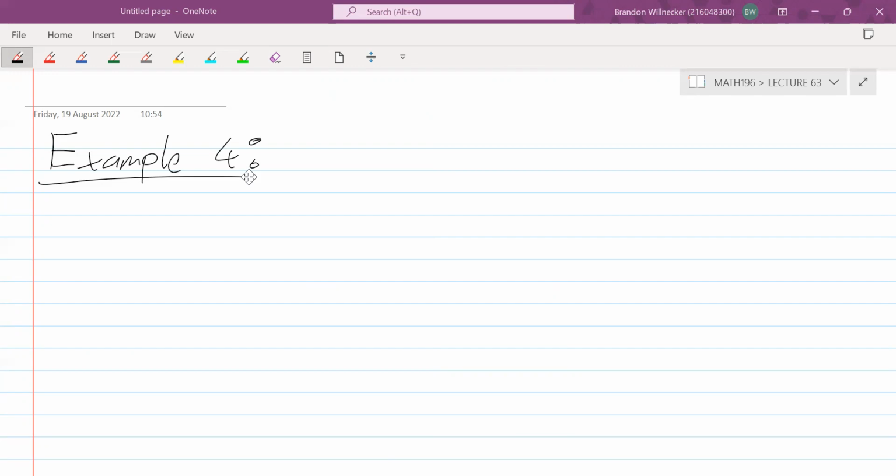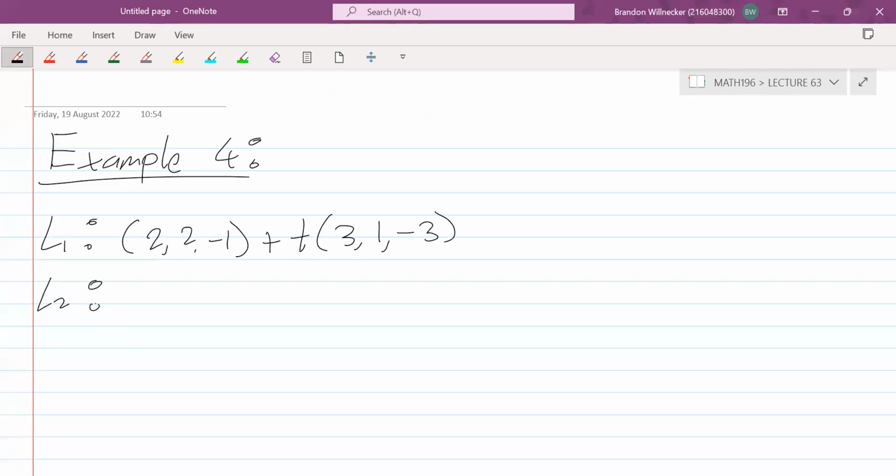Let's say we have lines L1, that's given by (2, 2, -1) plus t times the direction vector (3, 1, -3). And L2, our second line, is (1, 0, 1) plus lambda times (6, -4, 9). We need a different parameter because it's a different line.